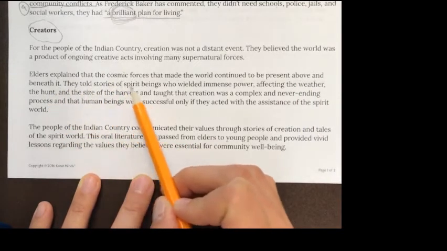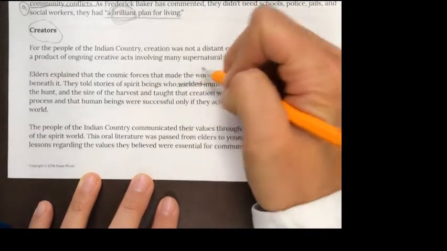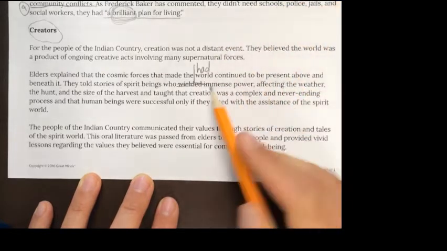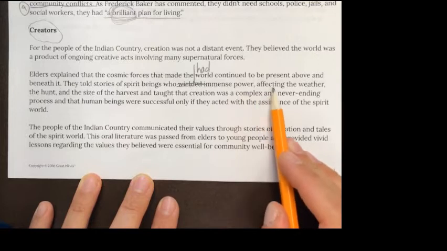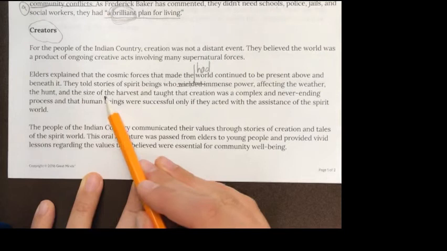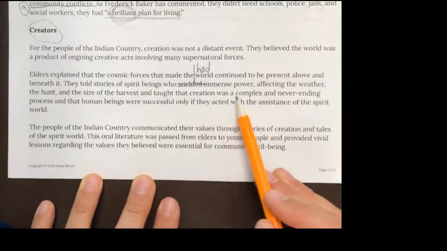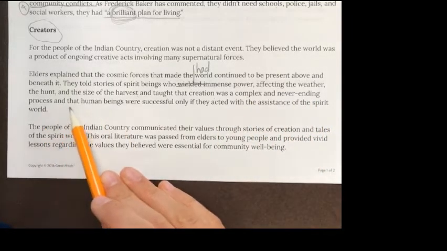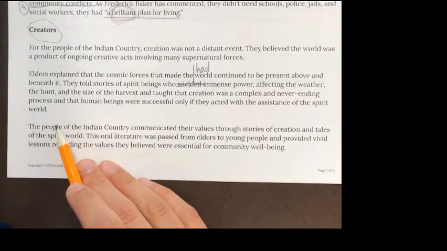They told stories of spirit beings who had immense powers, and they could affect the weather, the hunt, and the size of the harvest. And they taught that creation was a complex and never-ending process, and that human beings were successful only if they acted with the assistance of the spirit world.